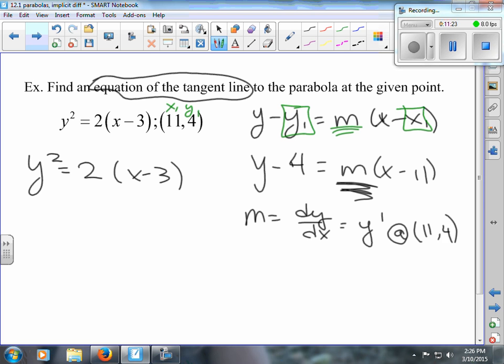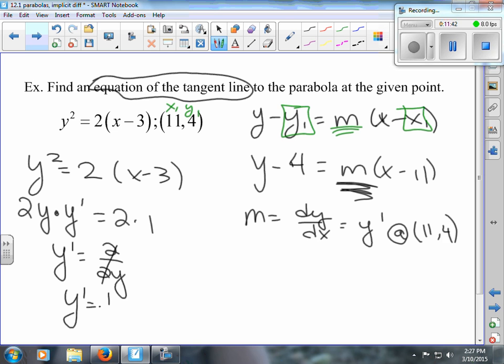So I'm going to do the derivative, but I have to do implicit differentiation. The derivative of y squared is 2y times y prime. And the derivative of 2 times x minus 3 is just 2 times 1, 2. So it looks like y prime is 2 divided by 2y. My 2's cancel, and so y prime is 1 over y.